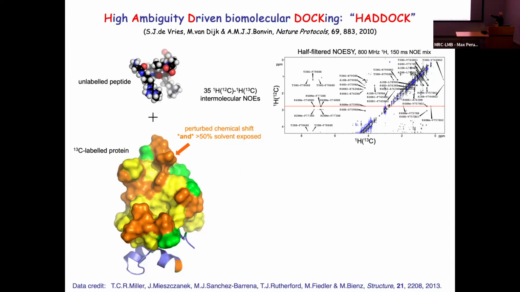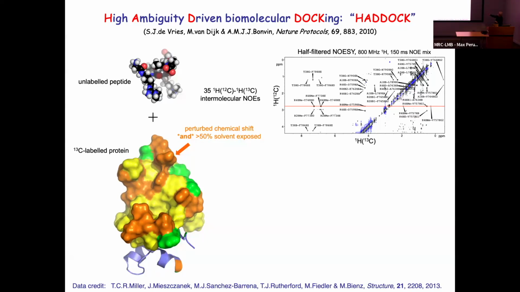So we only allow through the filter those that are coupled to C12. On this axis, we only accept proton signals if they're coupled directly to C13. In other words, what we're seeing for these cross peaks here is only the signals that originate from the unlabeled peptide and go onto the labeled protein survive the filter.